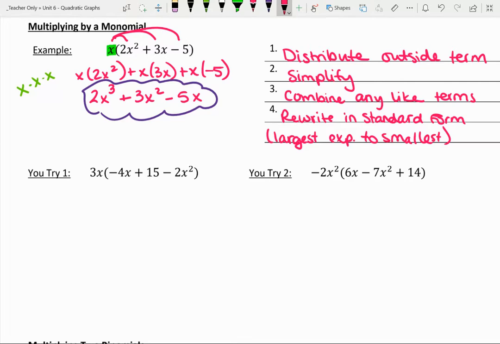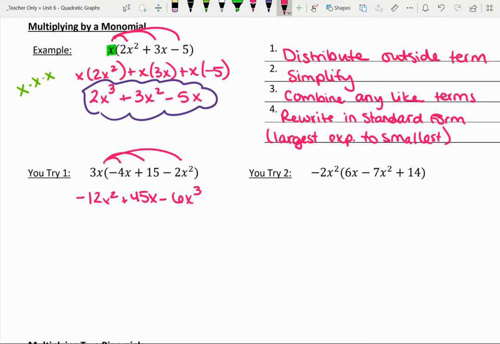Welcome back. So when I distribute 3x to -4x plus 15 minus 2x squared, hopefully, whether you write out the full multiplication step or you do this in your head, you're going to end up with -12x squared plus 45x minus 6x cubed.